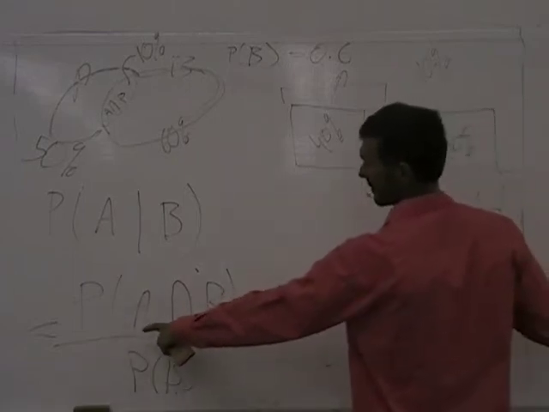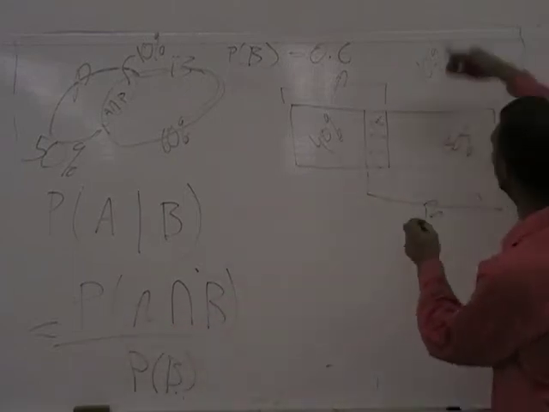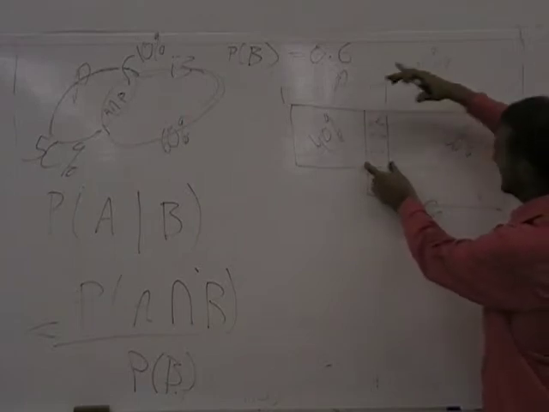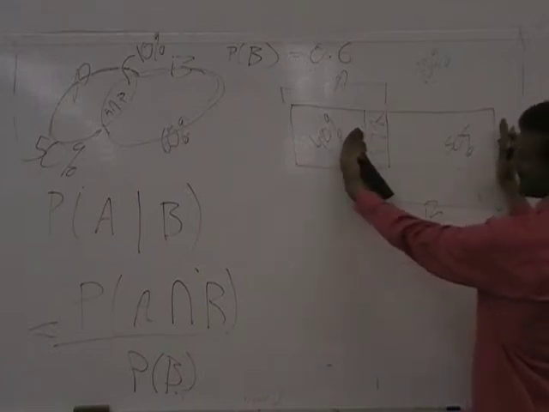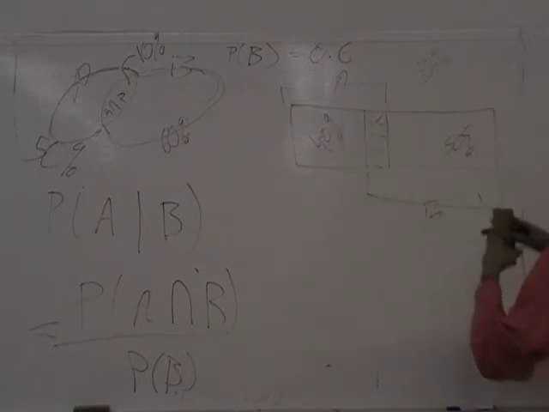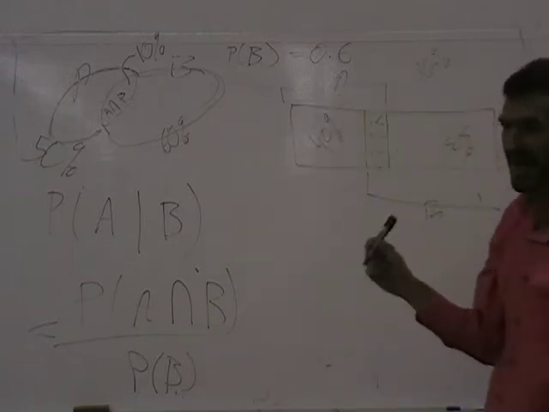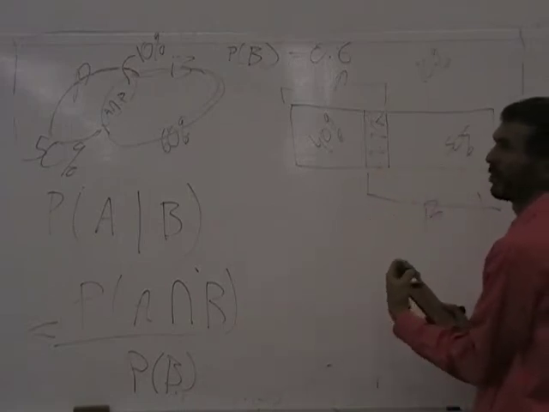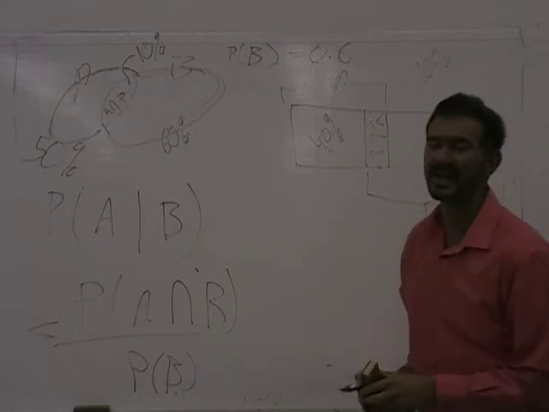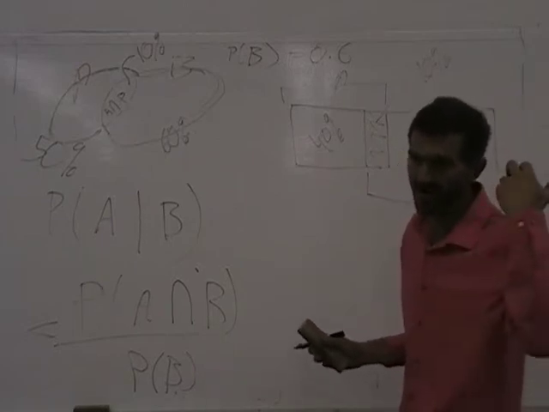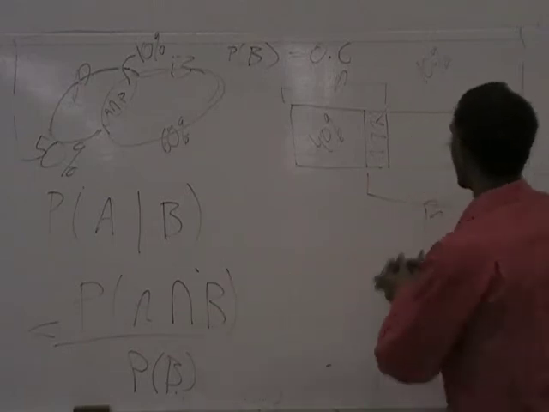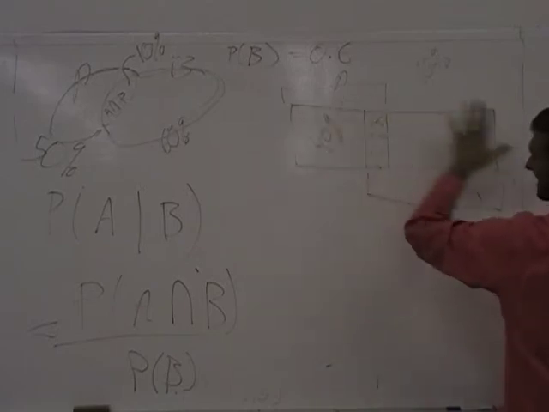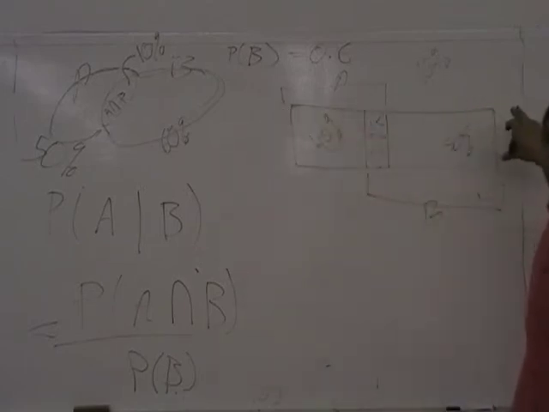So we look at the probability of the intersection divided by the probability of B. What that does is, conditional probability is a restriction on the universe. We started out with a universe that is all of A and B, adding to probability 1.